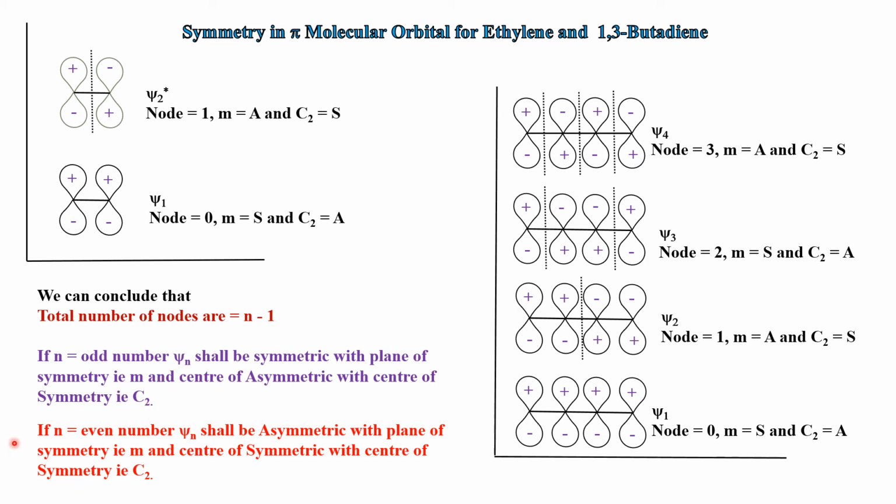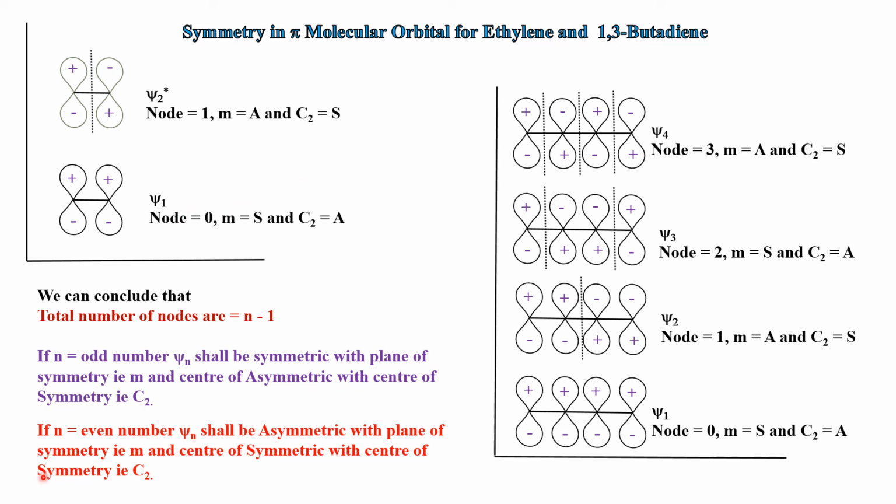And if we are having n number equals to even, then we shall have asymmetric with plane of symmetry, that is M, and center of symmetry will be symmetric, that is C2. This is all about the symmetry in molecular orbital of ethylene and butene.